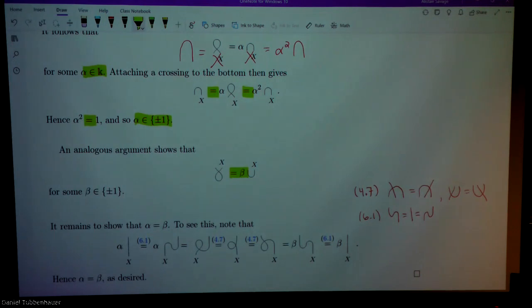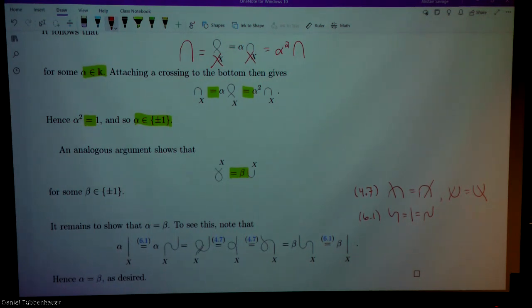So let's start off with alpha times a straight strand. We use our zigzag relation to turn that straight strand into a zigzag. Now we use the fact that alpha times this cup or cap there is the crossed cap. Now we start moving some strands around.